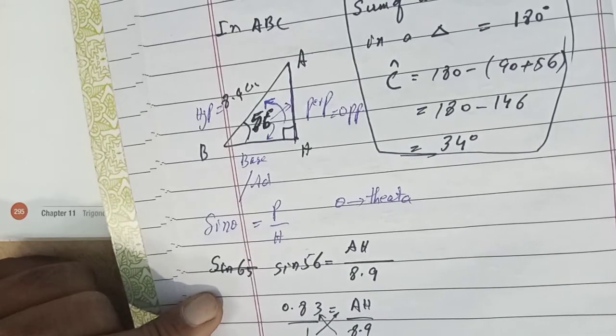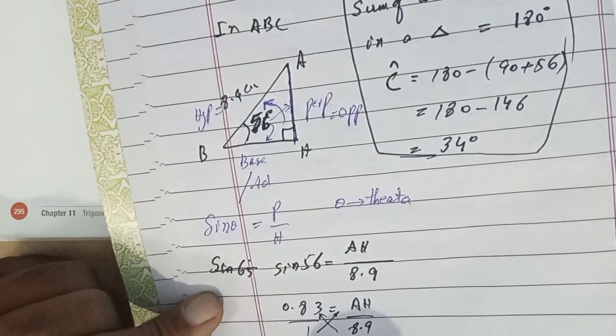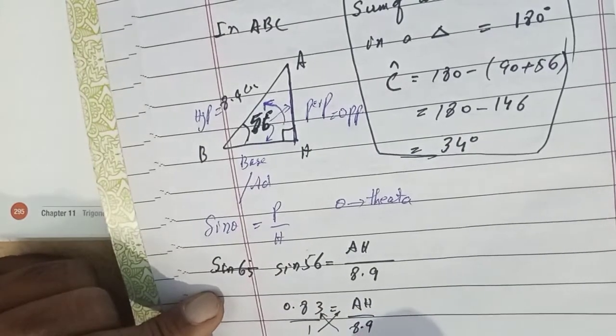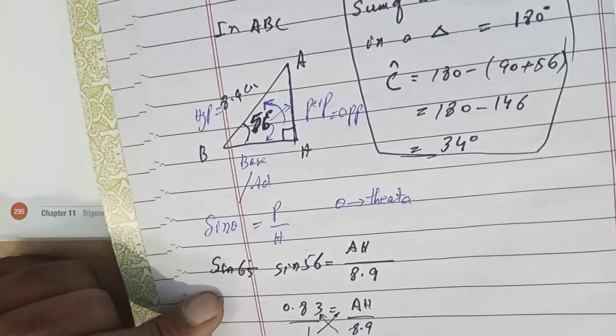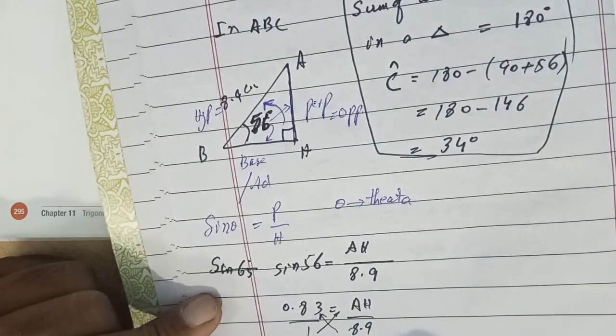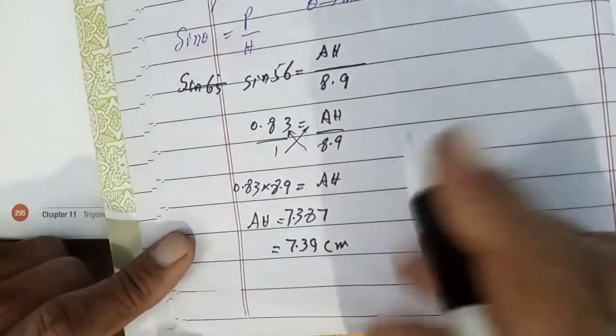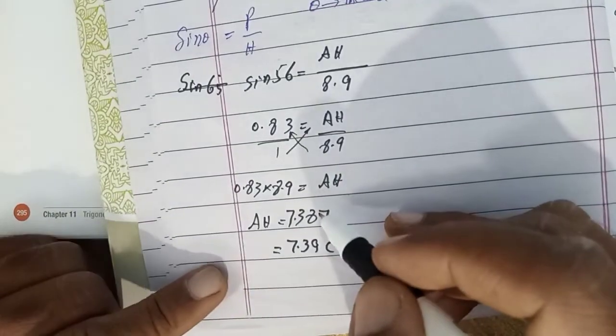The answer we get over here is 7.387. Rounding off to three significant figures, the answer over here is 7.39. So I have now calculated this.